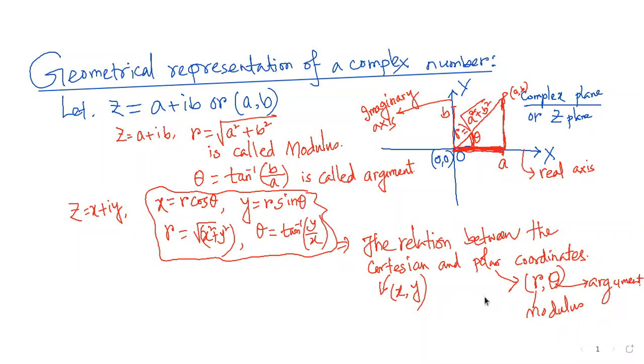So any complex number, we can find the modulus and argument by using this relation. We can use this relation for finding the modulus and argument. Okay, and this is very important.